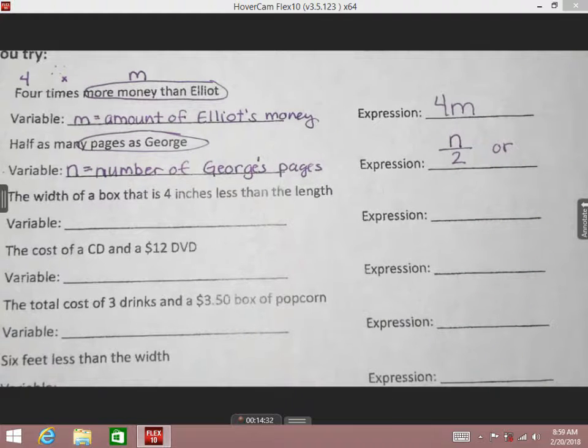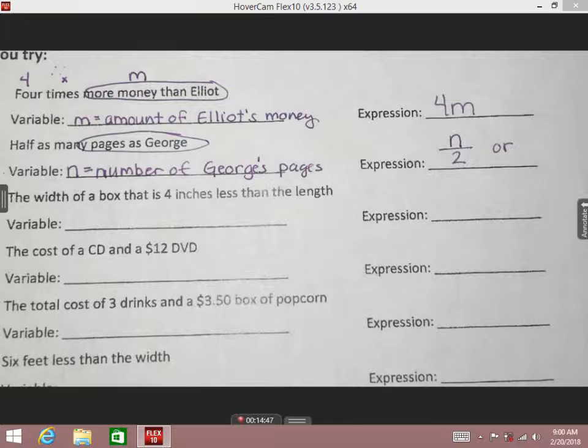We never use the slash bar. We want to use that straight line where it's one number on top of the other. Right? 2 divided by n would be 2 split up however much n is. So we don't want to do that. What's another way I could find half of something? It's on the front side of that notes paper that's in your hand. What's another way to find half of something?